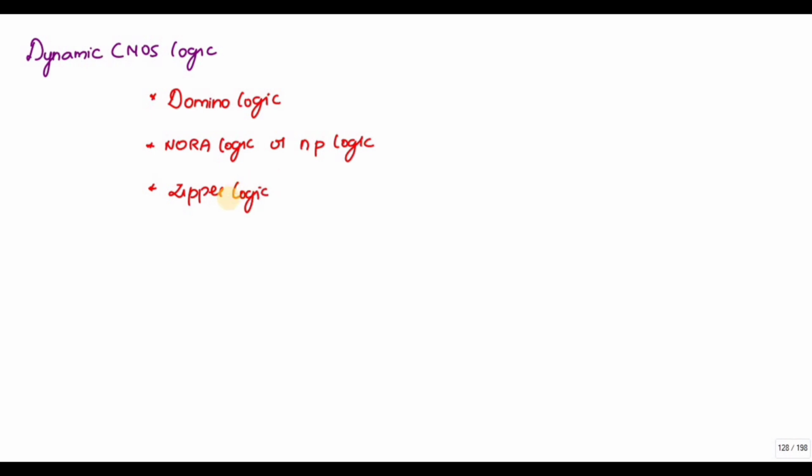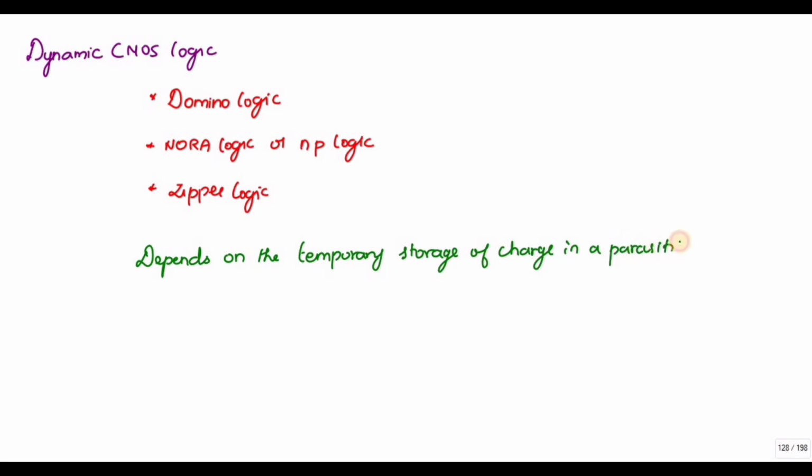This dynamic CMOS logic depends on the temporary storage of charge in a parasitic load capacitance, instead of relying on steady state behavior.